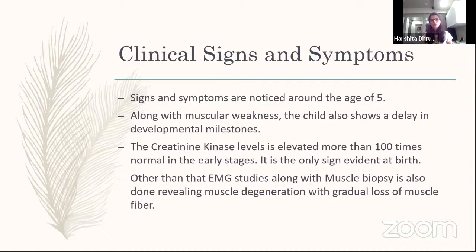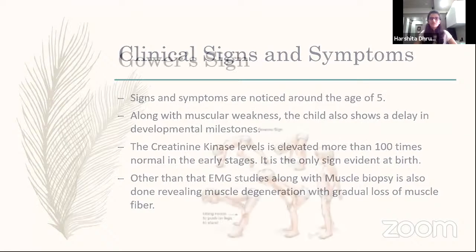So these signs are quite prominent, and these complaints are what patients' parents usually come to us with, that the baby is falling frequently, he walks differently, and all those things. So how do we diagnose it, and how do we move ahead?